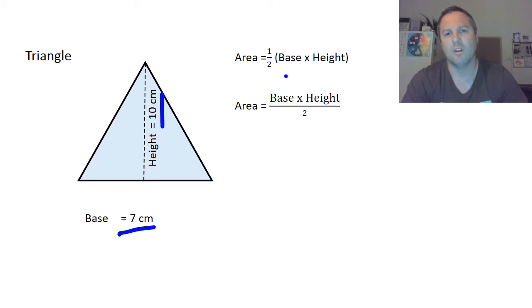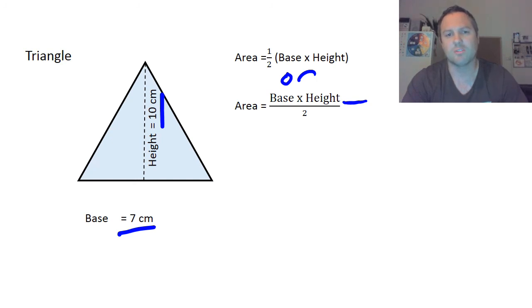We've got area equals half times base times height, or I prefer this one here, which is base times height divided by 2. It's the same thing, but dividing by 2 is the same as timesing it by 0.5. So either or, whichever one suits you.